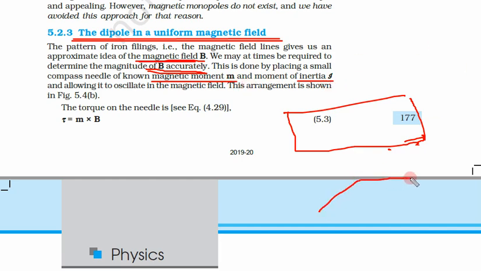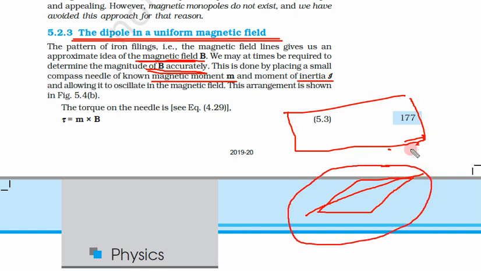Now the new position will be something like this. So it has rotated because of this bar magnet. So now with the help of this magnetic needle, we can calculate the magnetic field of this bar magnet.